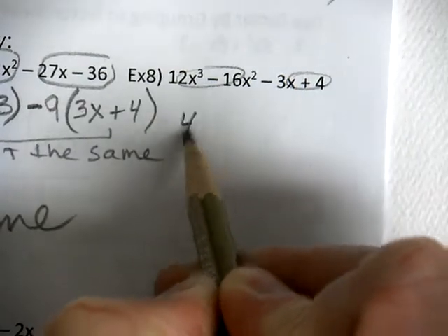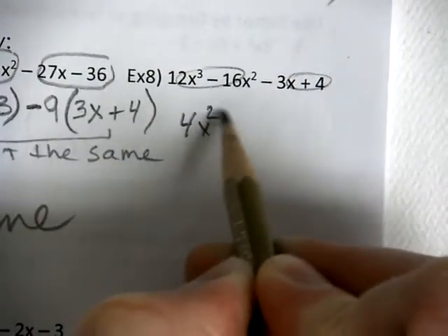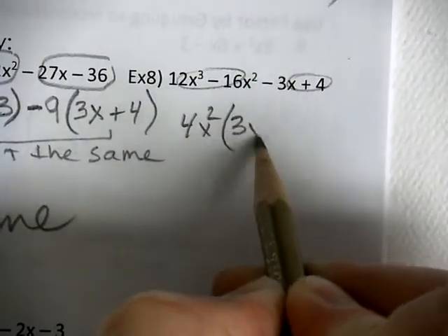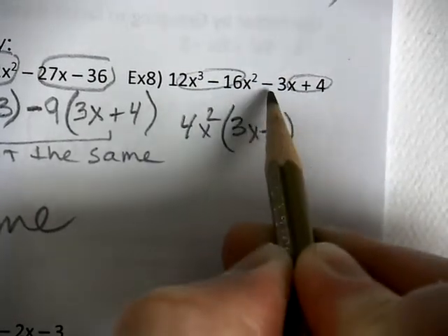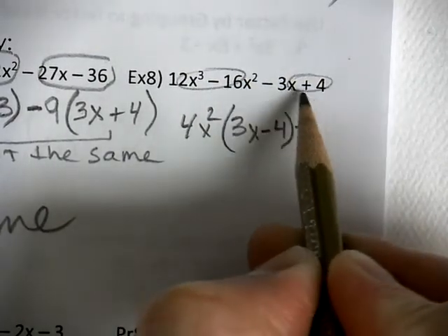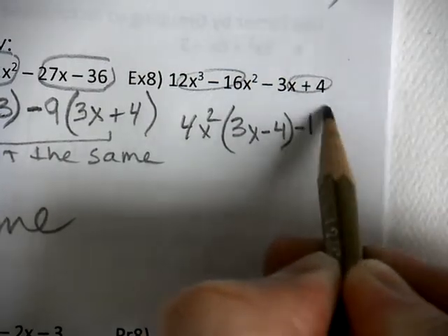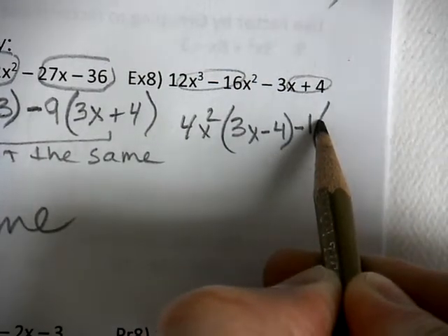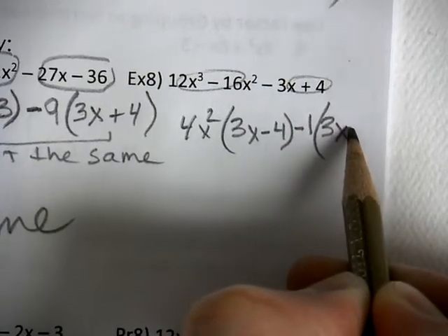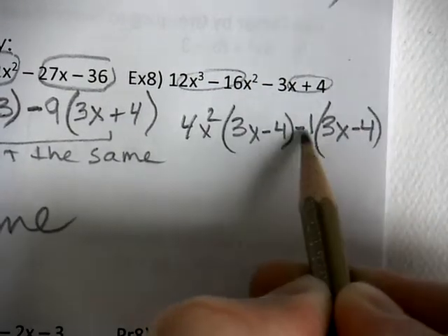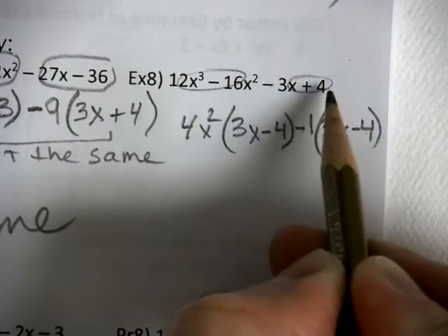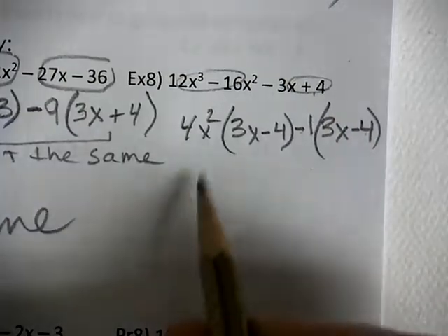So here we have 4x squared. That leaves us with a 3x minus 4. Bring down your sign. Nothing factors out of 3 and 4, so I have to put at least a 1 there. And I would be left with 3x minus 4, because a negative 1 times a negative 4 gives me a positive 4.